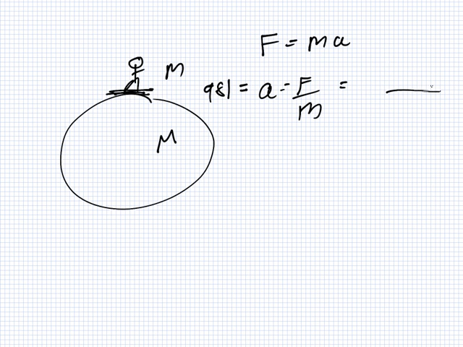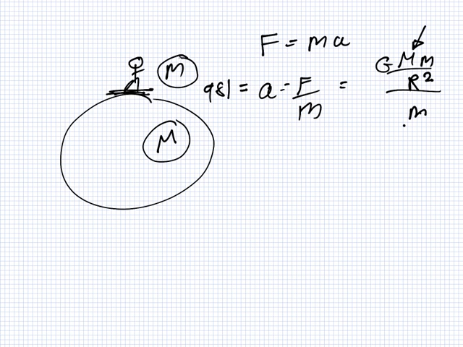But what is F? That's GMm over the radius of the earth squared, where big M is the earth and small m is the person. What cancels here? This.